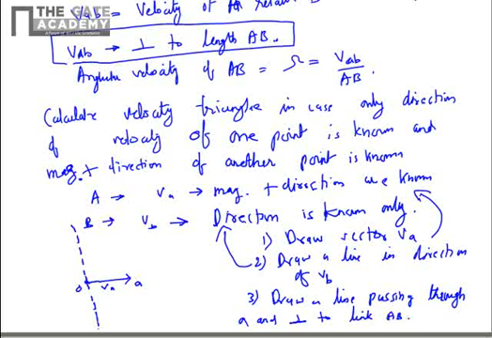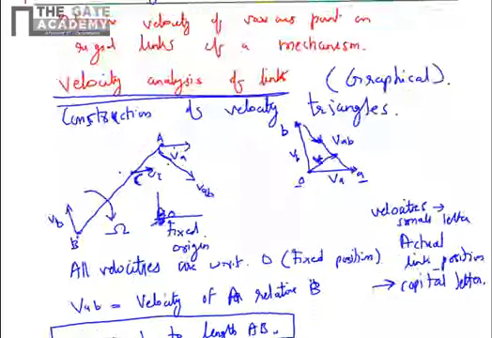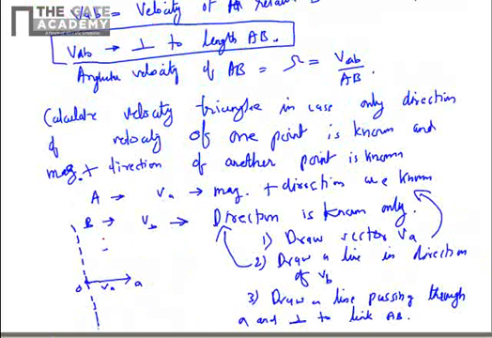You see this direction AB, and the VAB is something like this. This is the direction of VAB. So we will draw a line such that it will pass through A and it will be perpendicular to link AB. This is A, this is B.